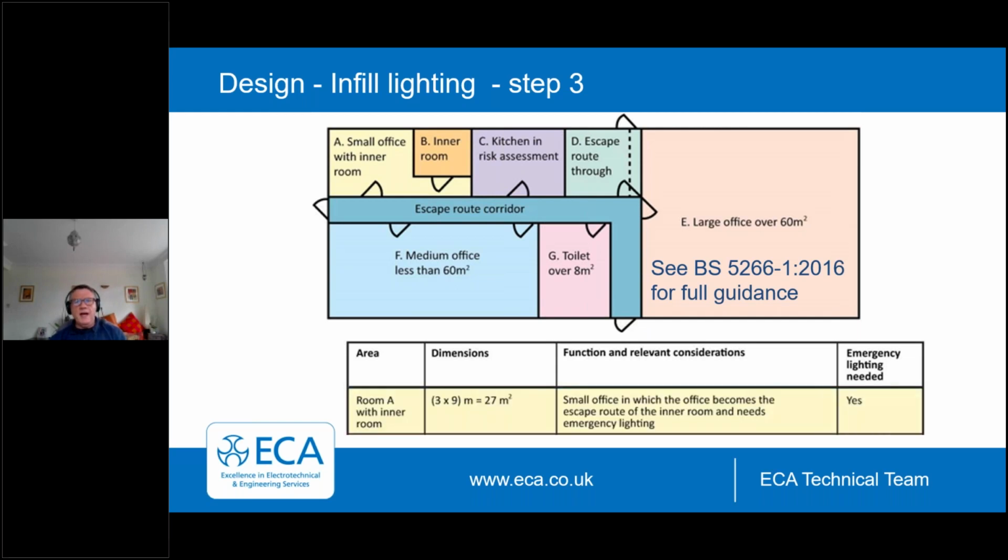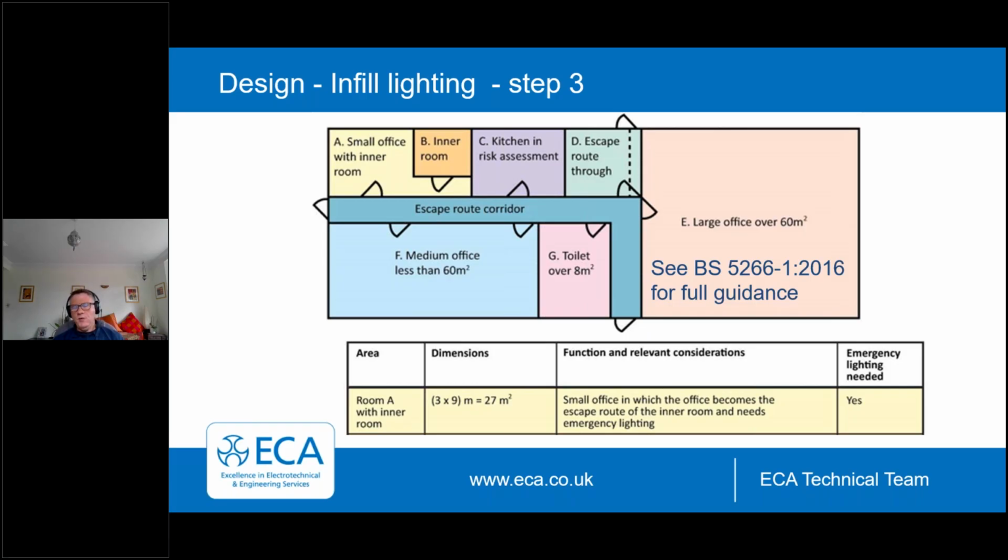But what about for room A? Well, room A is a small office, but it becomes the escape route of the inner room and therefore needs lighting. If somebody were in inner room B, they would need to travel through A in order to get to the escape route.